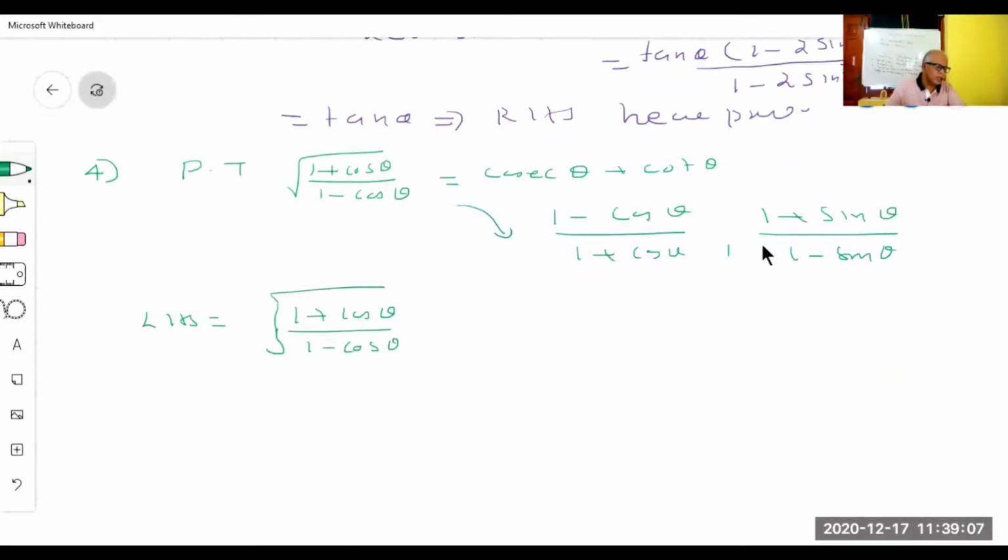Now you rationalize it. You remove the root in the denominator. So what do you do? Multiply with the conjugate, 1 plus cos theta.